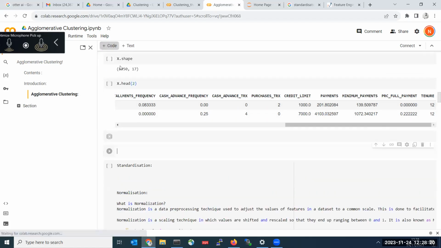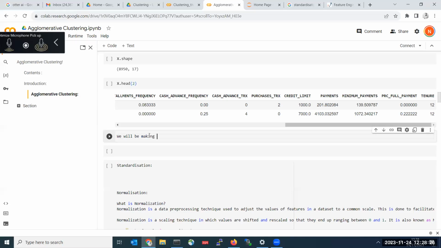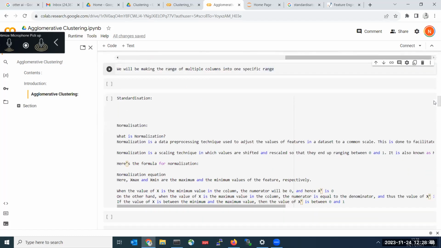By using this standardization and normalization, we will be making the range of multiple columns into one specific range. That is what we have mentioned here.